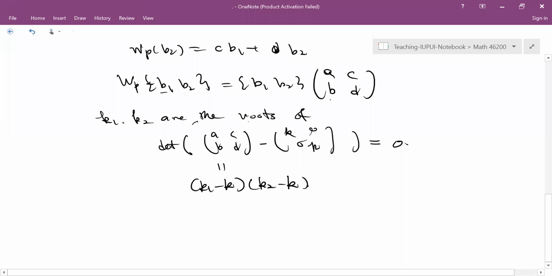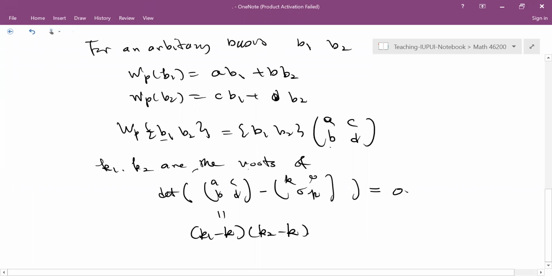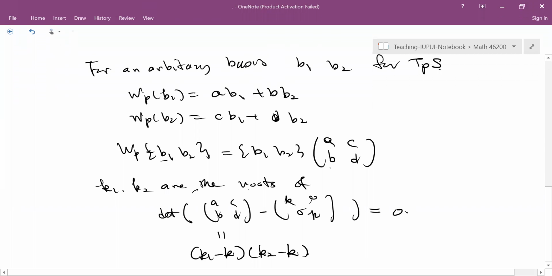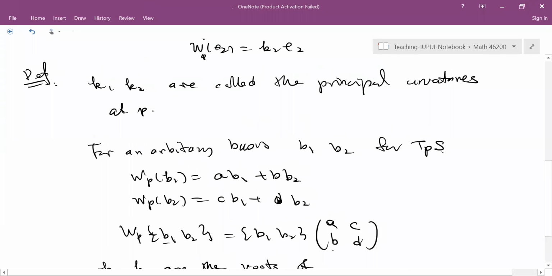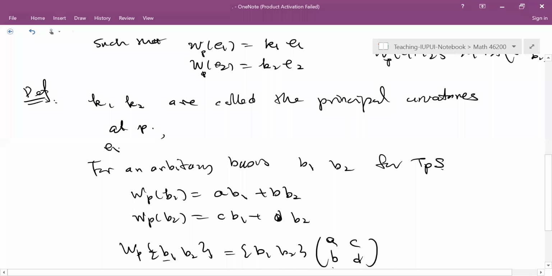Now, if we have to find the principal vectors, then you have to find the orthonormal basis E1, E2. Here E_i is called the principal vector corresponding to K_i.